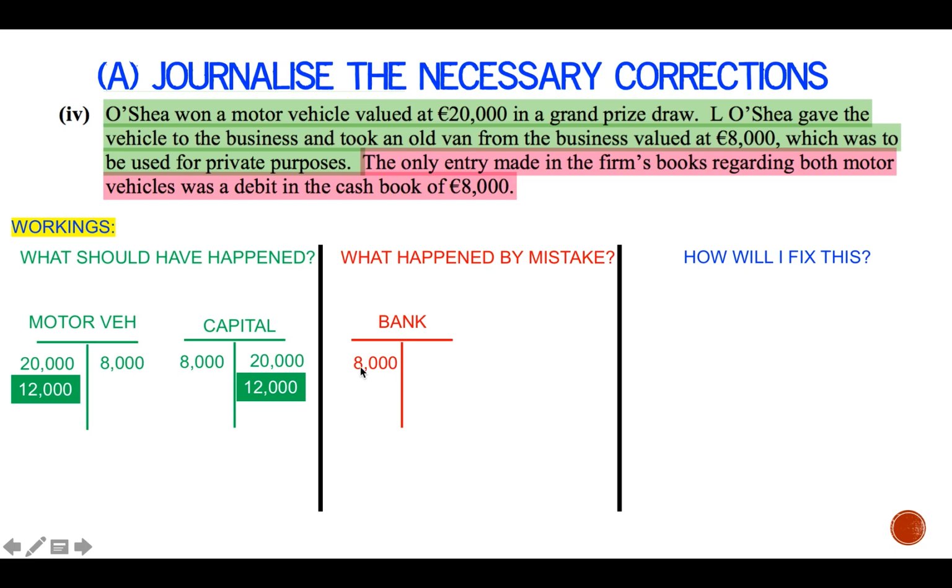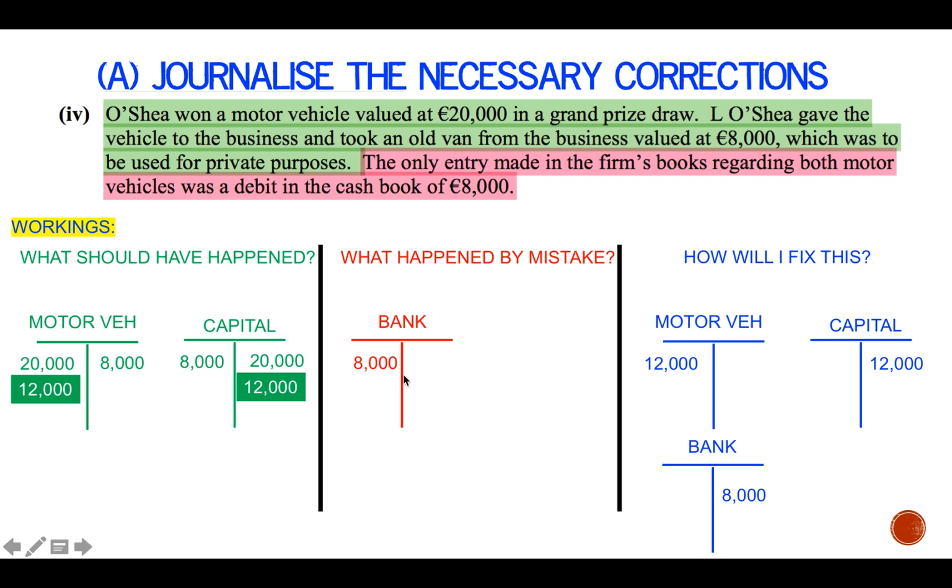So what happened by mistake? Well, we debited the bank €8,000 there. How will we fix it then? We will put in the 12,000 in the motor vehicle, 12,000 in the capital account as they should have been, and to fix the bank account we credit that.